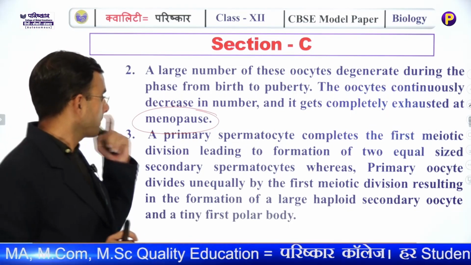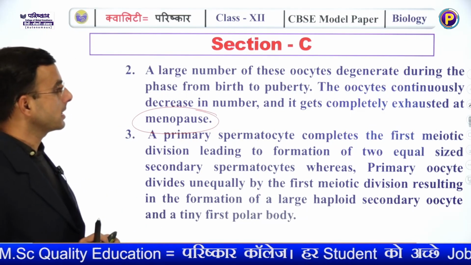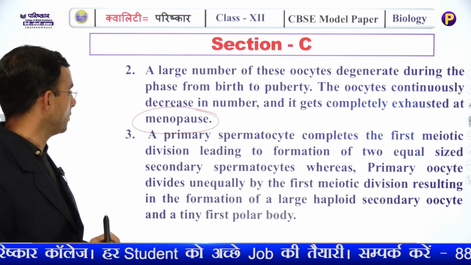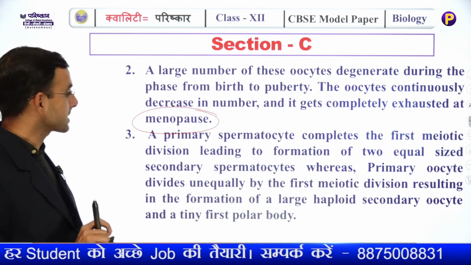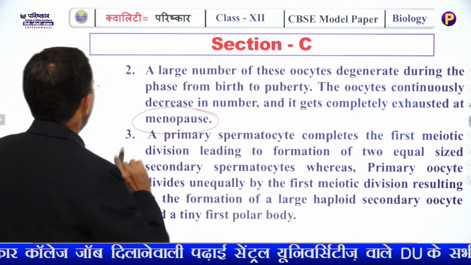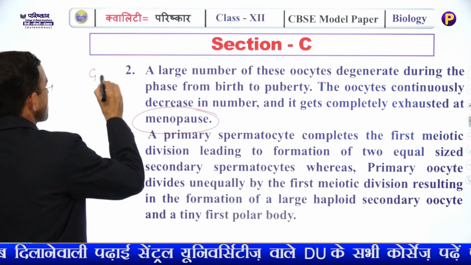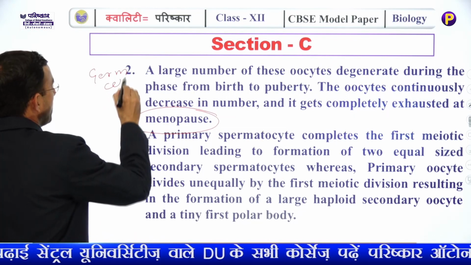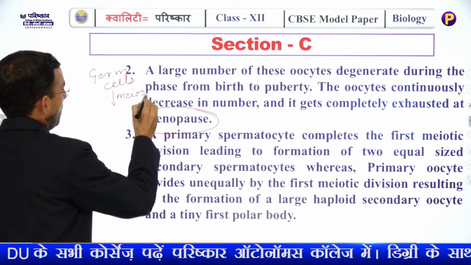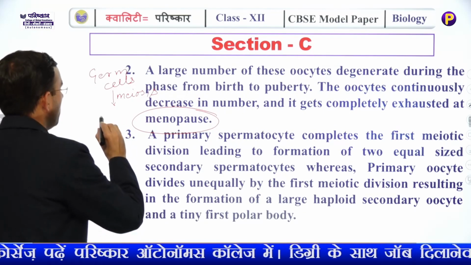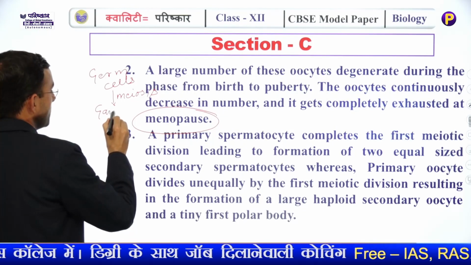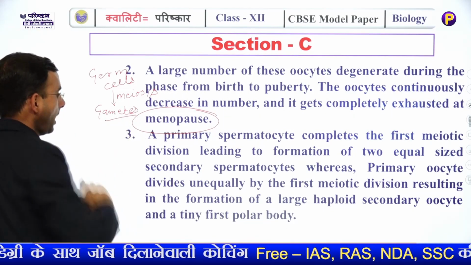The third difference: the primary spermatocyte completes the first meiotic division, leading to the formation of two equal-sized secondary spermatocytes. Now look at this one. These are germ cells, and in these germ cells there is a division of meiosis, and because of that meiosis the haploid cells, known as gametes, are formed.